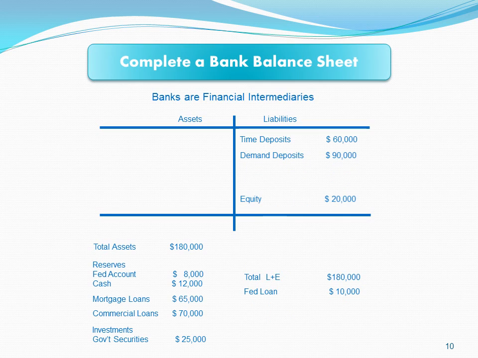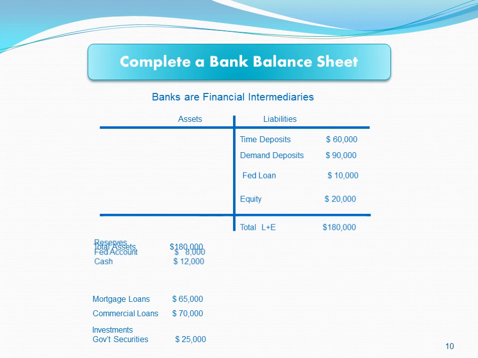They put in $90,000 in their demand deposits. That's their checking accounts. And the bank borrowed $10,000 from the Federal Reserve Bank. So when we add up all of the funds that the bank has, we have total capital of $180,000. So $20,000 is equity, and the remaining $160,000 is debt.